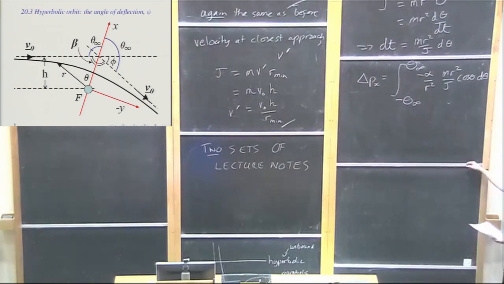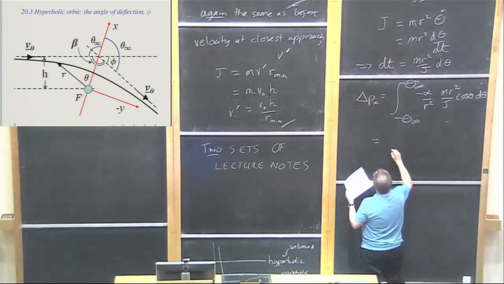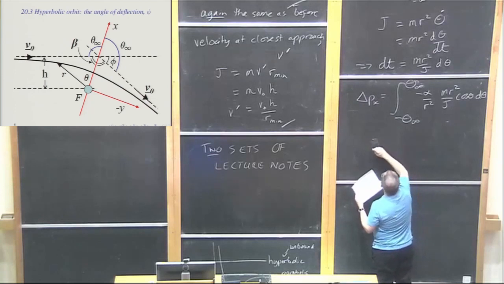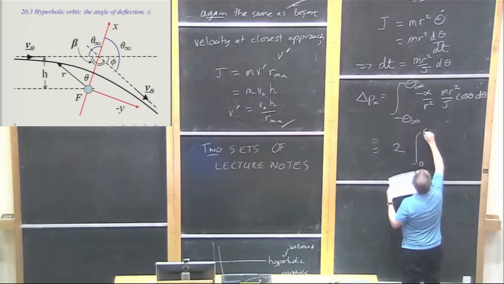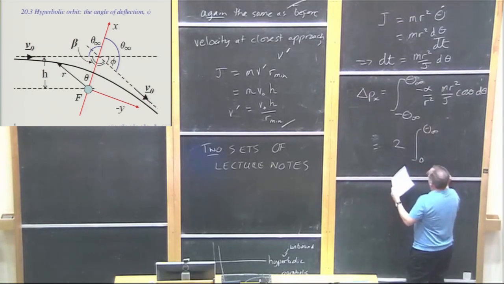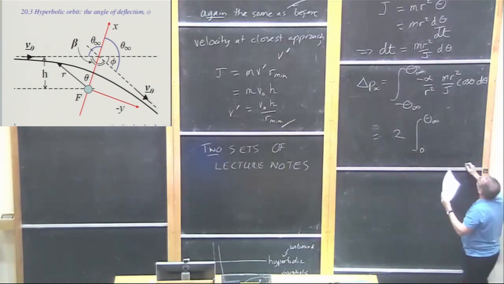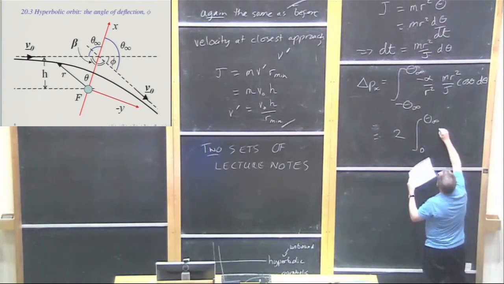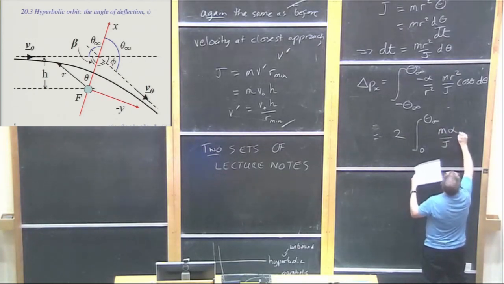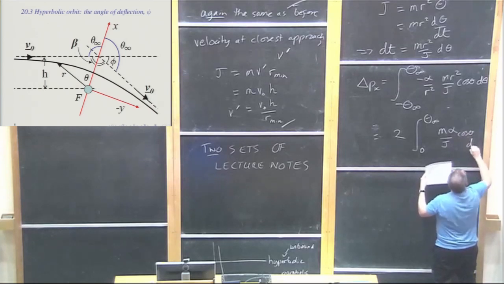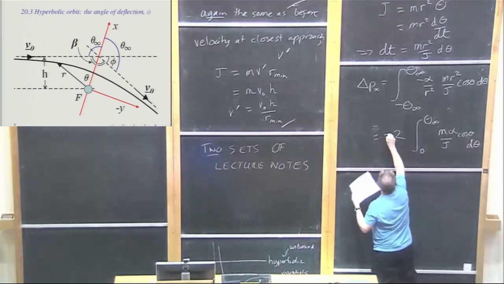Because cosine is an even function, we can actually write this as just twice an integral from 0 to theta infinity of, if we simplify this, m alpha over J cosine theta d theta, and we still have this minus sign in front.